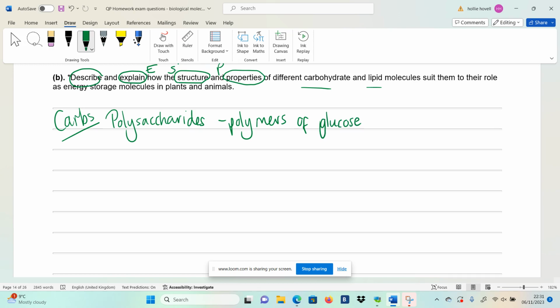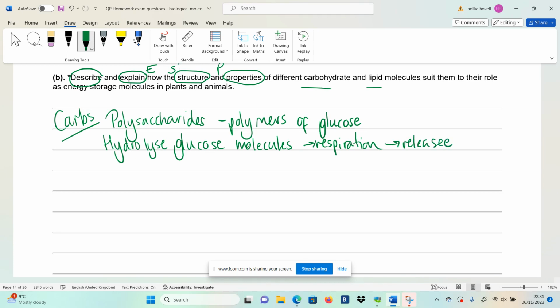And what you can do is you can hydrolyze the glucose molecules off them, and then you can use those in respiration. Respiration, you can either say releases energy, or you can say makes ATP. Don't say it makes energy. Okay, so it releases energy or it makes ATP.